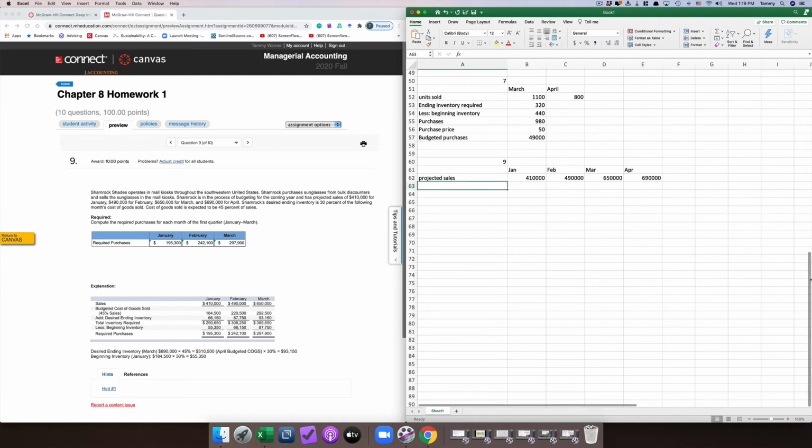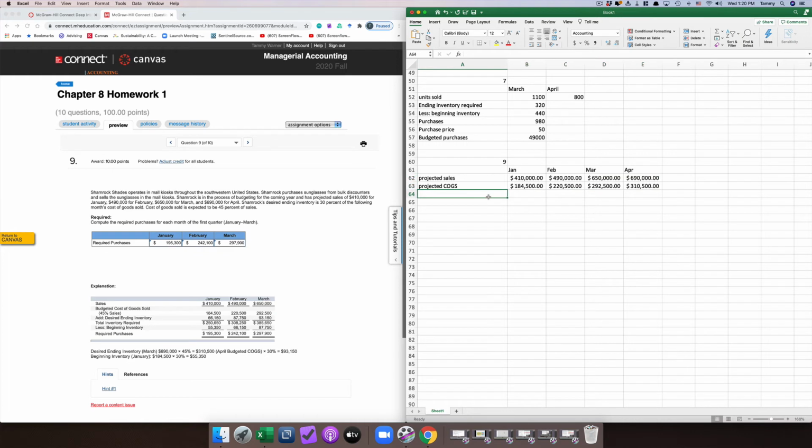So first thing we got to do is figure out our projected cost of goods sold, which is 45% of sales, 0.45. And these are in dollars.